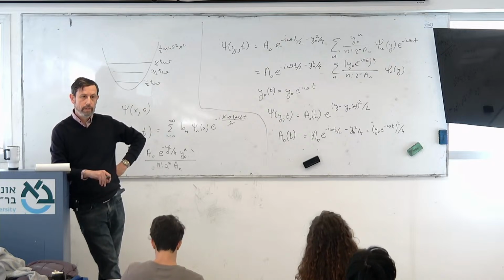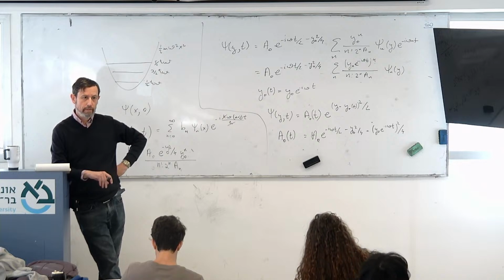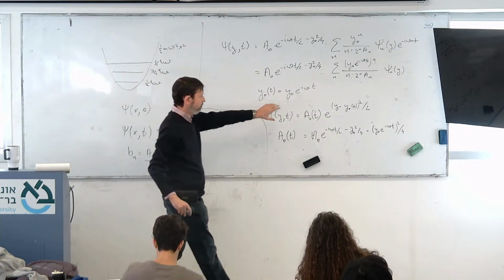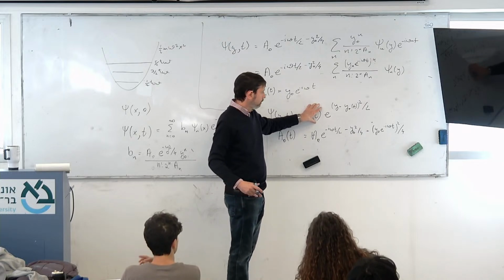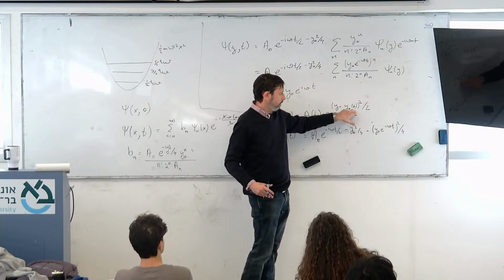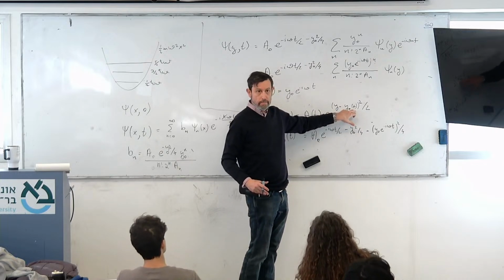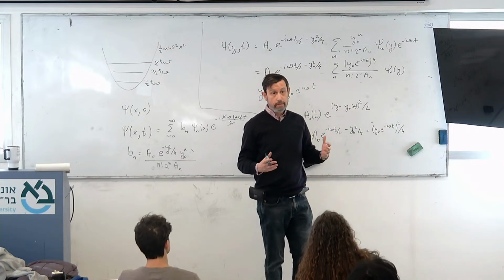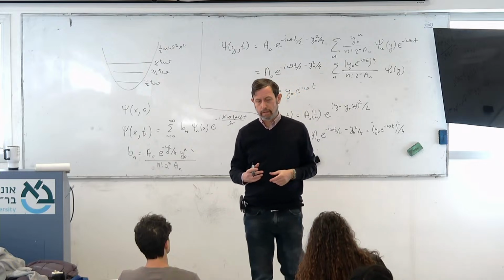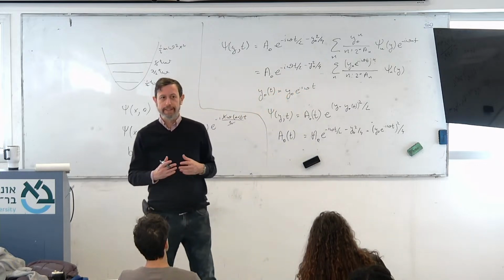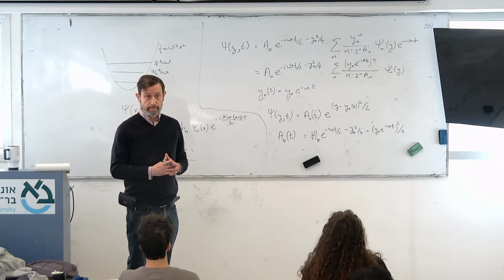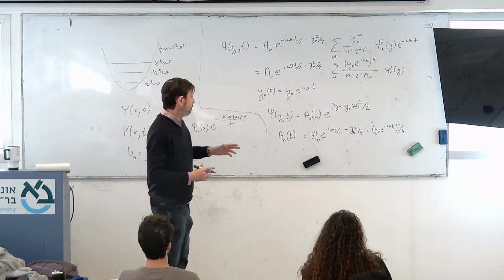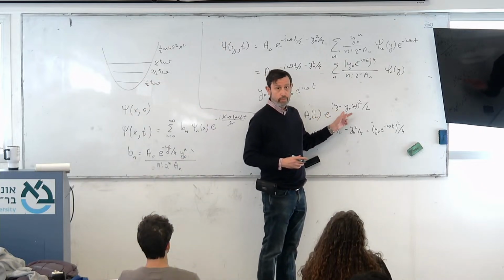So I start to see the physics here. Why? I have some normalization factor, and the behavior which is Gaussian, meaning that the wave packet, in some sense, and I'll explain in a moment why I say in some sense, remains Gaussian, but its center moves with time.